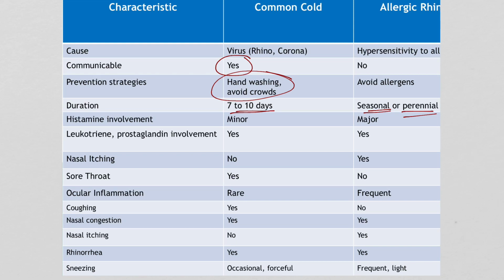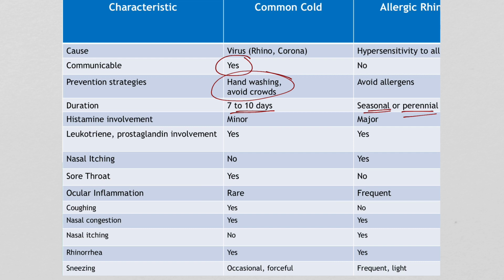It most often fluctuates during the seasons, and usually is a result of exposure to an outdoor allergen, right? Whereas perennial is going to be more constant, more consistent, and it's most often associated with indoor allergens like mold or dust mites and things like that that exist within an actual house.